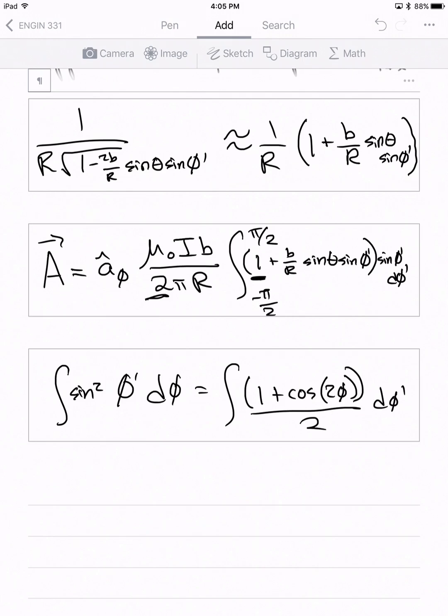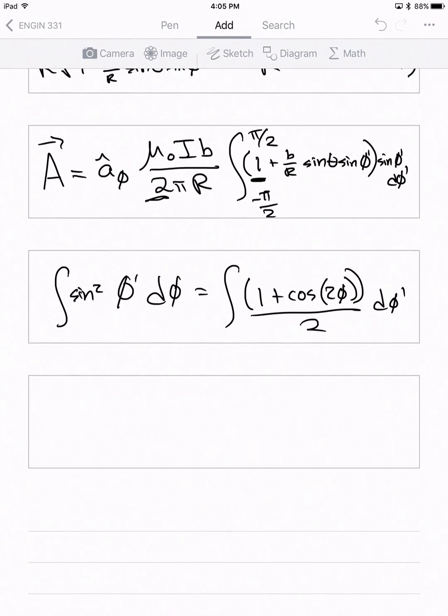And again, since these bounds are symmetric, the cosine term is going to cancel out, and we have the integral of 1/2 from minus pi over 2 to pi over 2. So the integral of sine squared phi prime d phi prime is equal to pi over 2. And that's because of our bounds, not because that's true in general.